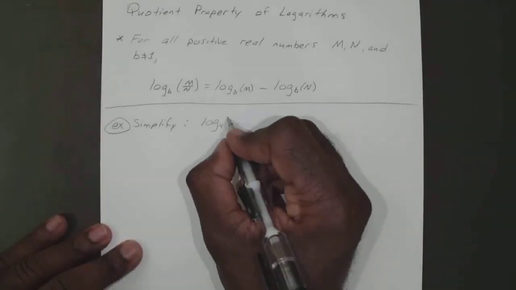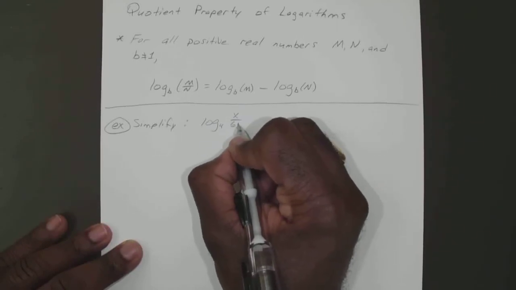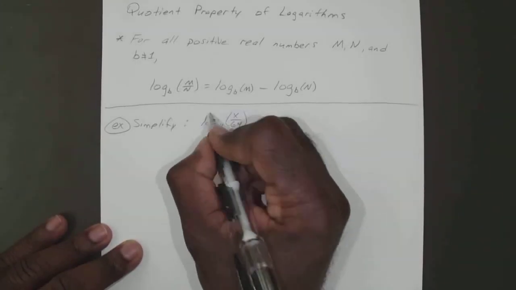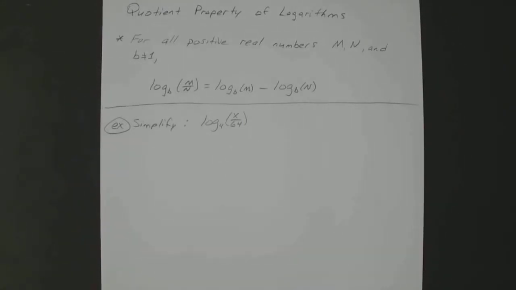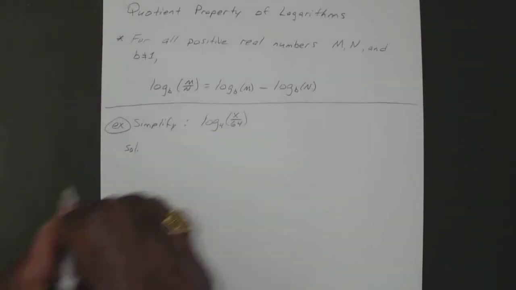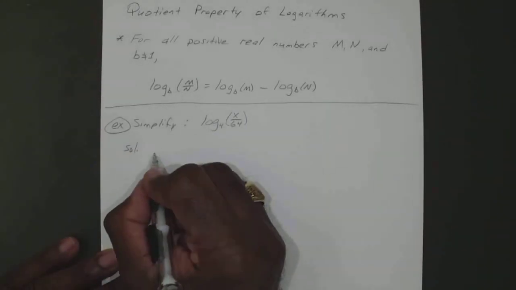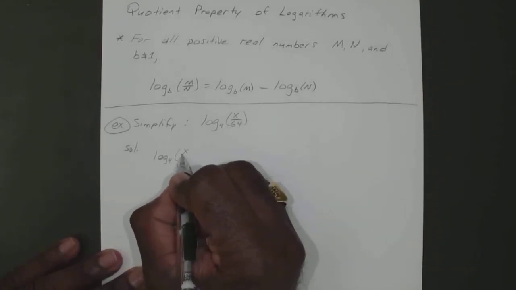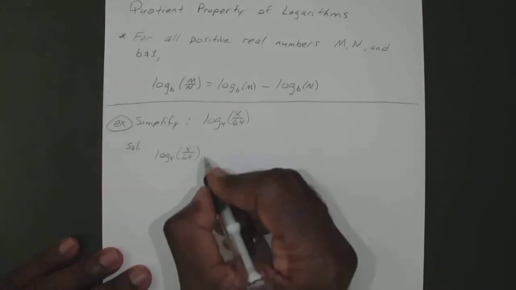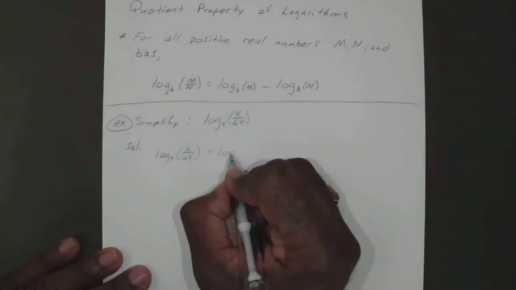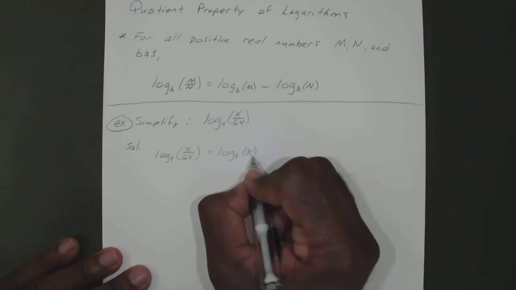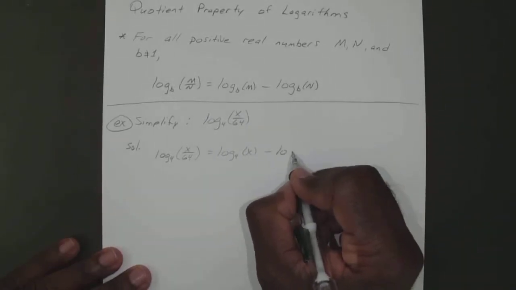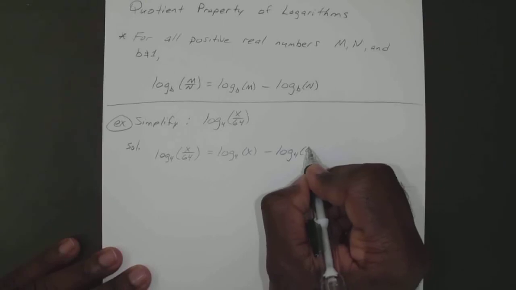So what if we wanted to simplify log base 4 of x divided by 64? Since we're dividing, our log base 4 of x over 64 will equal log base 4 of x minus log base 4 of 64.